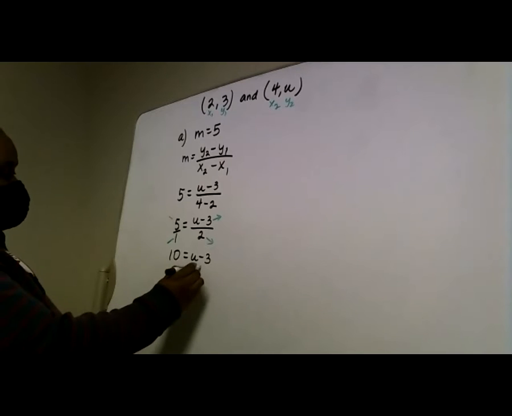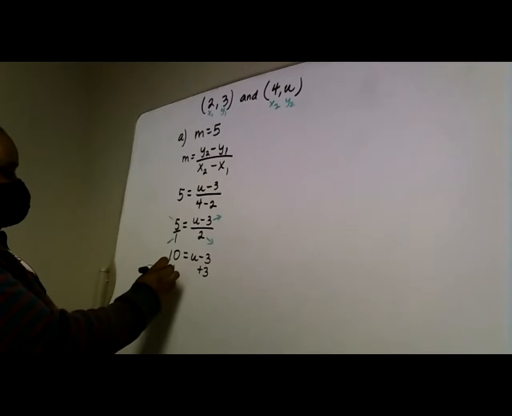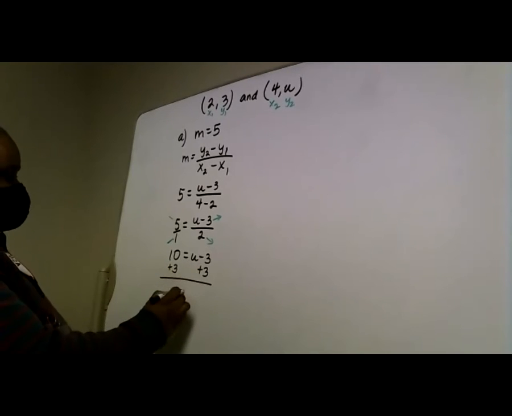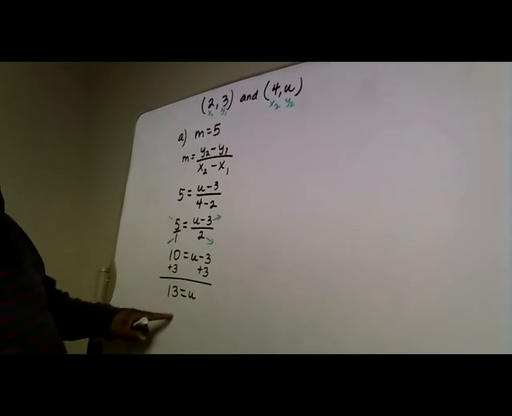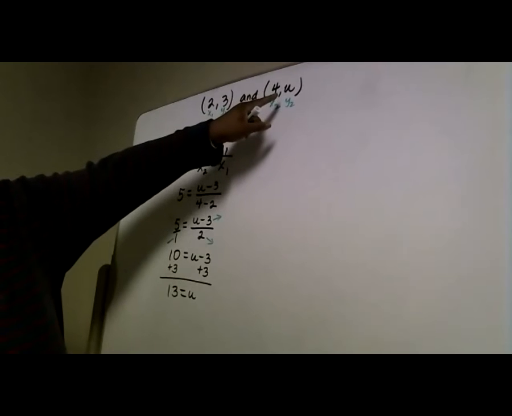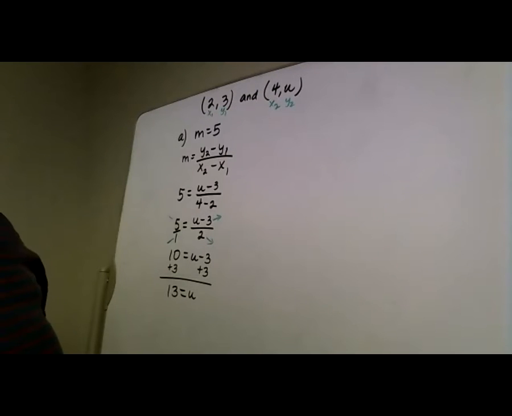And to solve for u, we're subtracting 3, so we have to add 3 to both sides. So u is equal to 13. So 13 has to represent the value of u in that second ordered pair so that the slope would be 5.